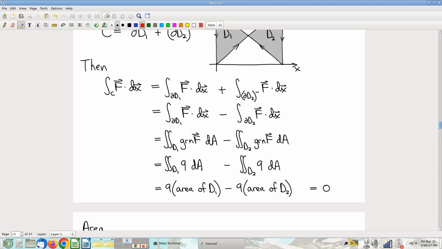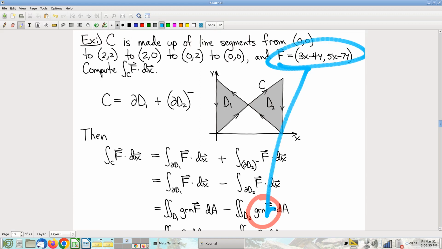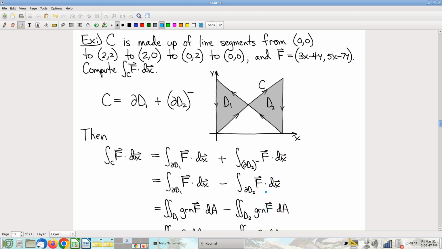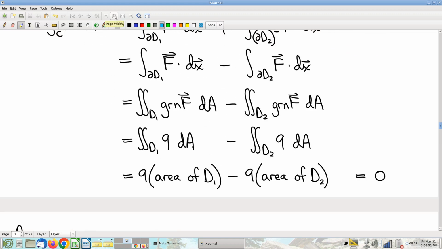Let me zoom out so I can fit this all on. Green's operator applied to this vector field: dQ/dx is 5. dP/dy is minus 4. So Green's operator is 9. And it's really all over but the shouting at that point with Green's operator being 9.